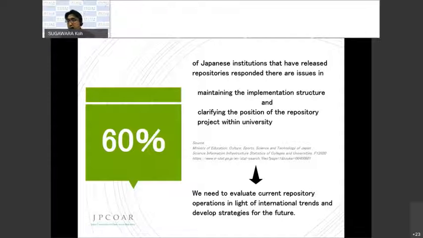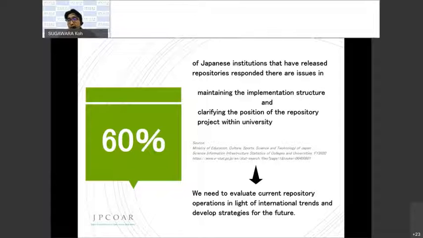In response to this question, about 60% of the respondents said that they faced issues in maintaining operational structure of a repository and in clarifying the position of the repository project within the university.